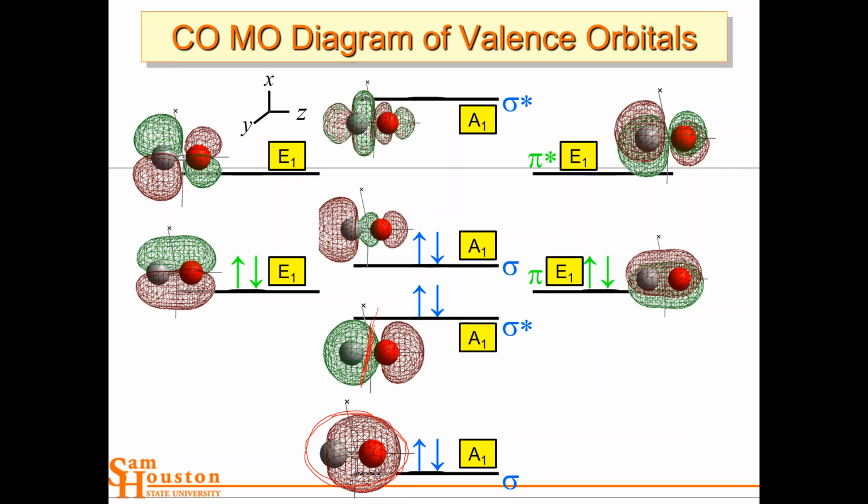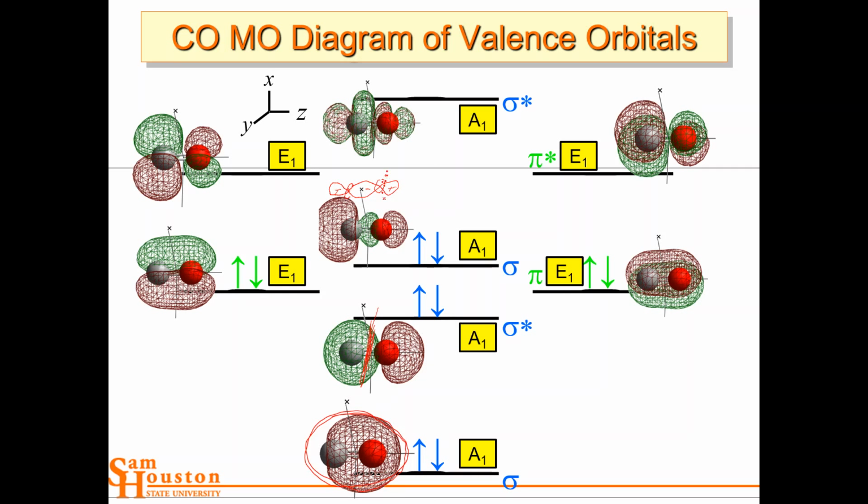Now let's look at the p interactions. Notice that this is a pz orbital on the oxygen interacting with a pz orbital on the carbon. So you could draw it like this, and you could put your little plus sign in there and a minus sign in the middle and a plus sign on that, where your oxygen is here and your carbon is here.